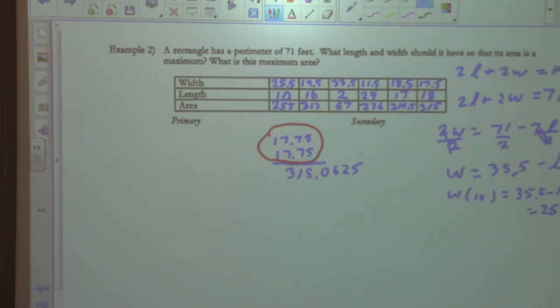So here's your equation, 2L plus 2W equals the perimeter, 71.